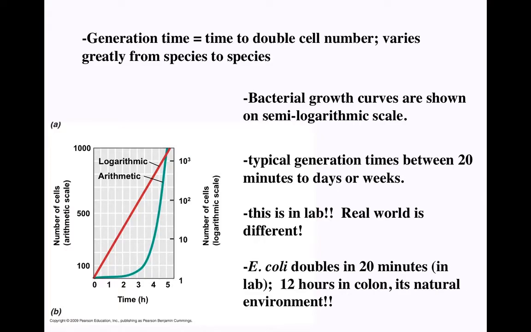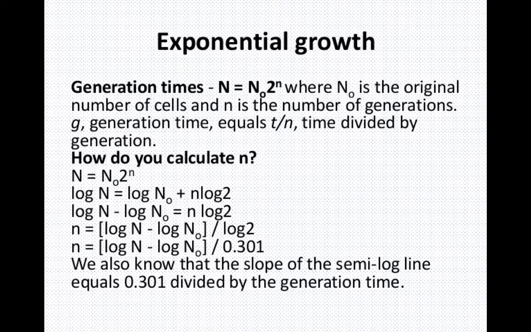In the laboratory, in the experiment that you did this week, if we did the calculations, we would see that E. coli doubles its population roughly every 20 minutes. But in its natural environment, where it prefers to live in the colon, it takes 12 hours to replicate. So it's obviously a very different environment that the microbe lives in its natural setting. So the laboratory is a little bit unusual.